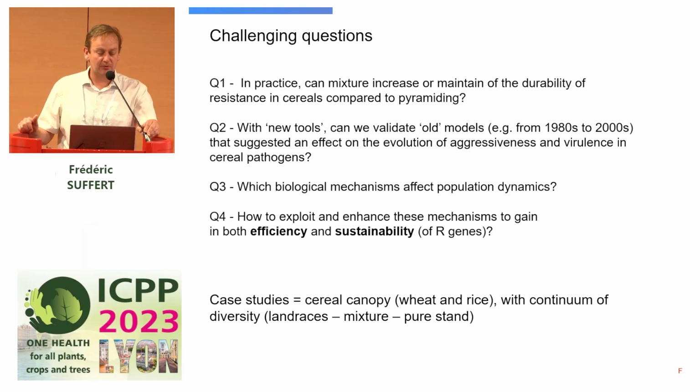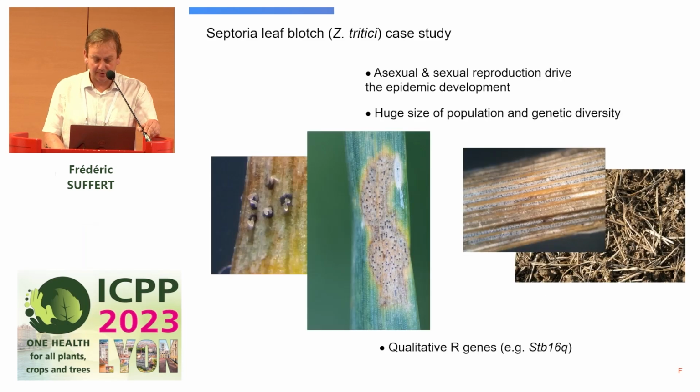The case study would be cereal canopy, wheat and rice. The first case study is about Septoria leaf blotch. It's an important disease of wheat, and the most prominent aspect of this disease is the coexistence of asexual and sexual reproduction. You have asexual on the two pictures on the left and sexual reproduction on the wheat debris on the right.